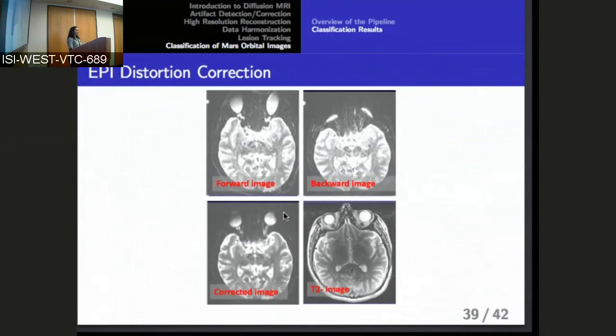But we just tried one of the simple frequency techniques. Even with that simple method, we're doing a much better job compared to feature-based classifiers.